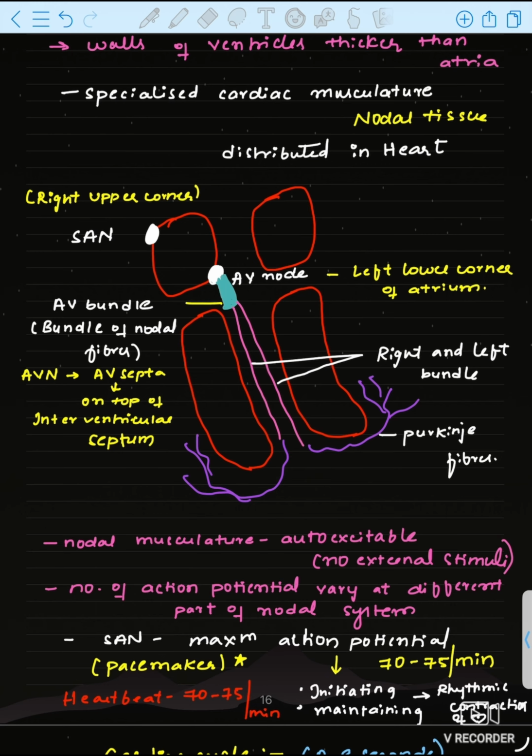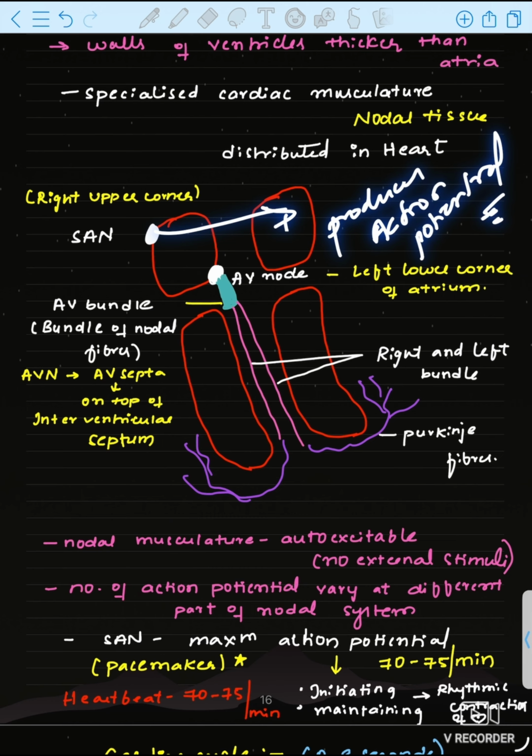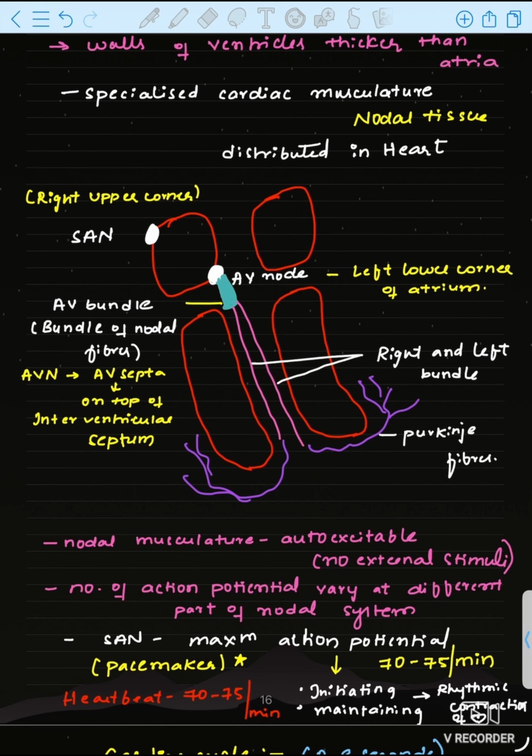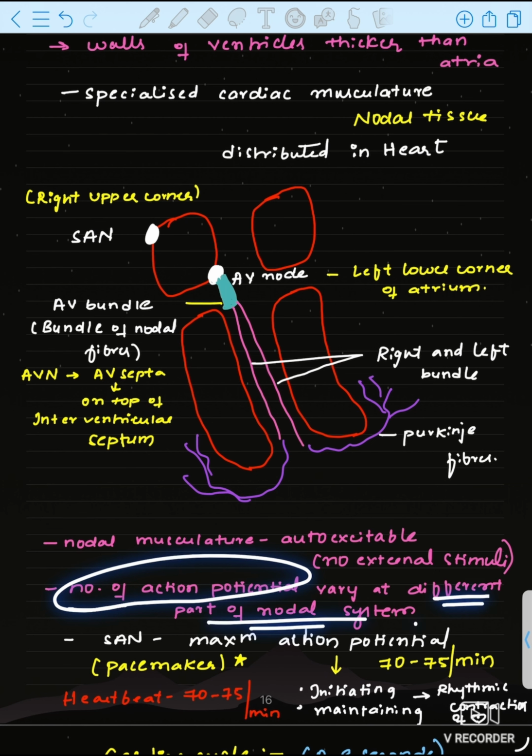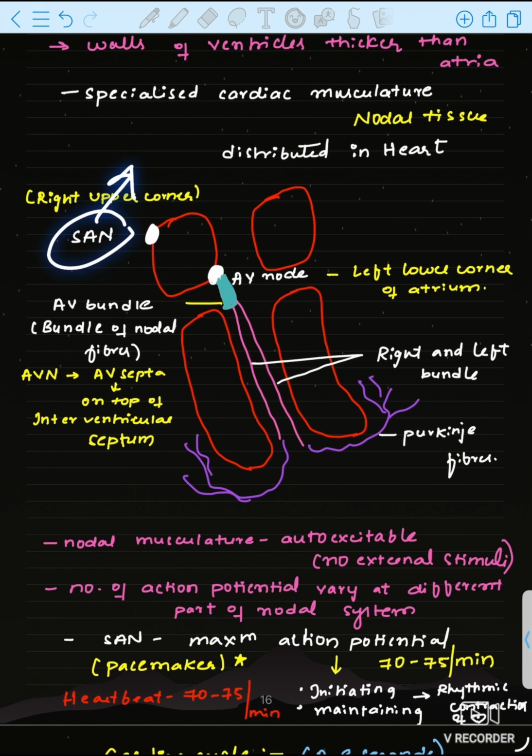And how does it contract the heart? It produces action potential. Through that action potential, contraction of the heart will take place. The number of action potentials varies at different parts of the nodal system.